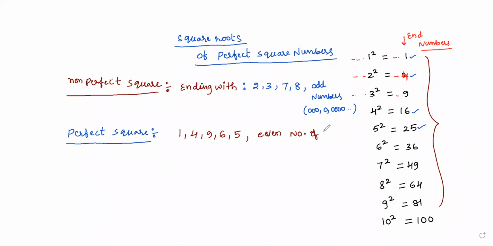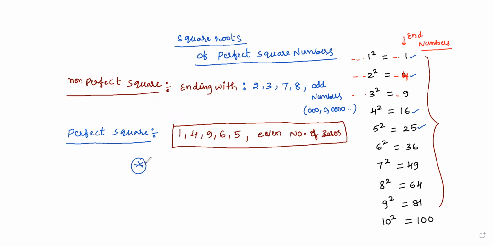Then maybe we can say that they are perfect squares. And in this also we have some rules. The first rule will be, suppose a number is ending with 5.